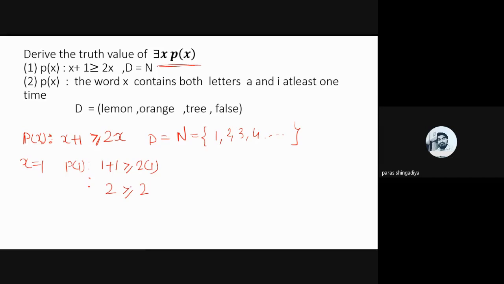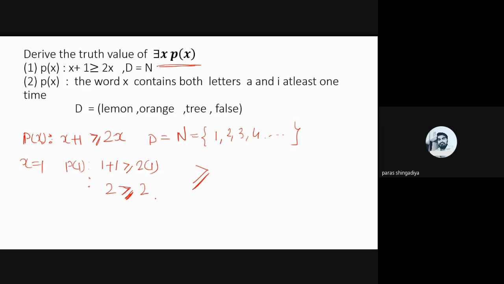Because equality is mentioned between these two values. If I remove this equality, with only strictly greater than, then it will be wrong. But here it is greater than or equal to, therefore it will be true.